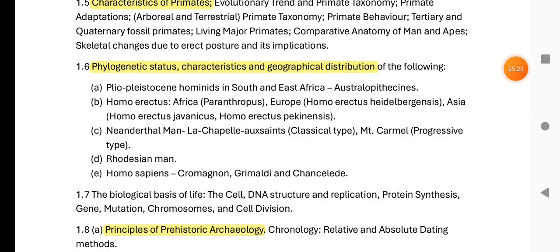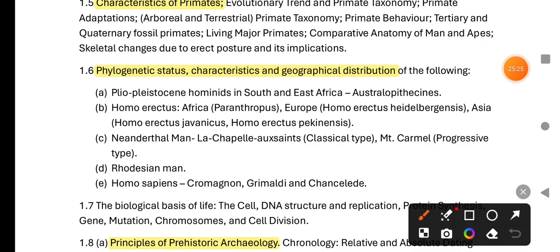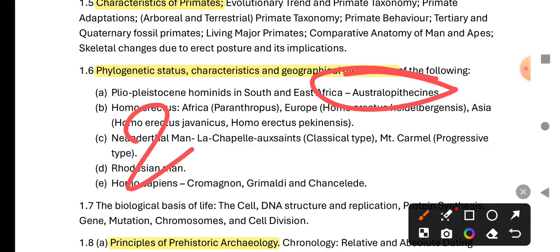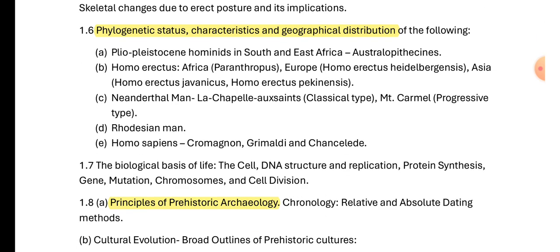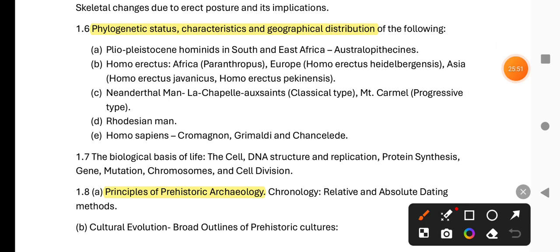You will see the various taxonomic statuses, the various lines of human evolution, like the second line of Australopithecus and the third line of Australopithecus. So we will study from this.